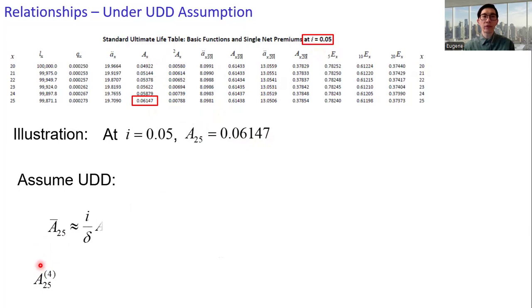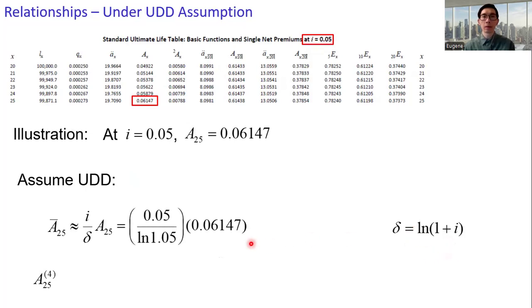All right, A bar 25, we can use the approximation i over delta times A_25. i is 0.05, and we can get delta, which equals the natural log of 1 plus i, and then times A_25. Upon calculation, we get the answer. This is the approximated value.